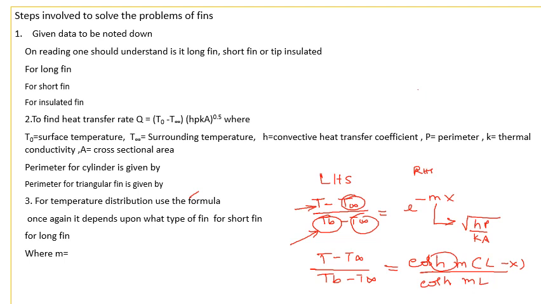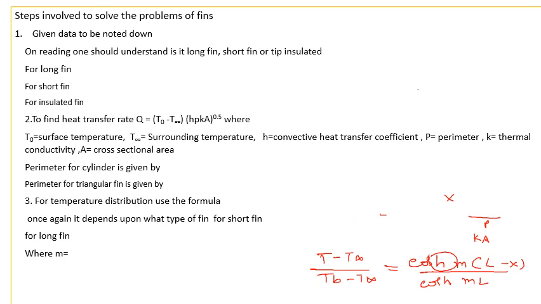This is not the convective heat transfer coefficient, because I have seen many times students make a mistake here, thinking that it is the convective heat transfer coefficient and substituting the h value, and then the entire solution goes wrong. So be careful in selecting that.